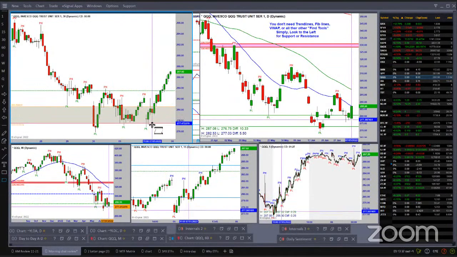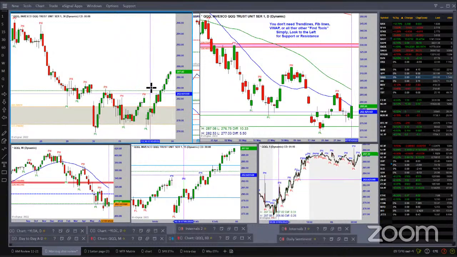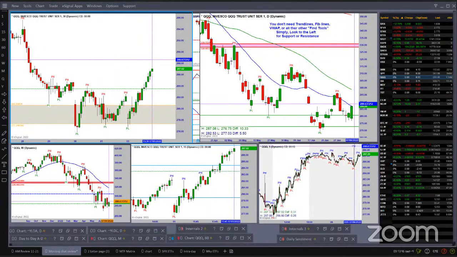Look, just like we look at everything else, how far do prices have to travel to get to a destination? And how did they get to the destination? Meaning, if prices come down there like that, into this area, clearly they're going to stabilize and bounce.